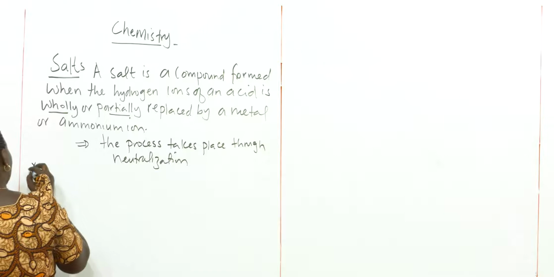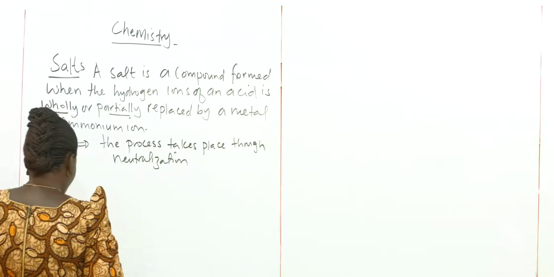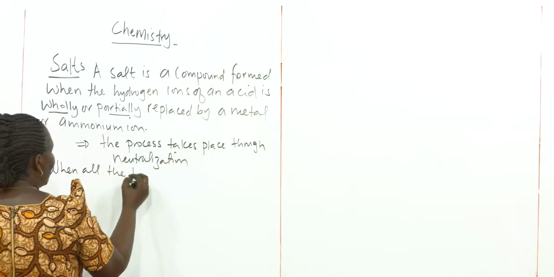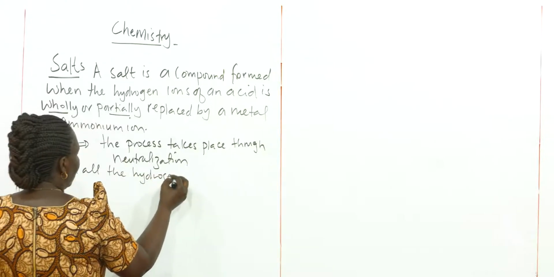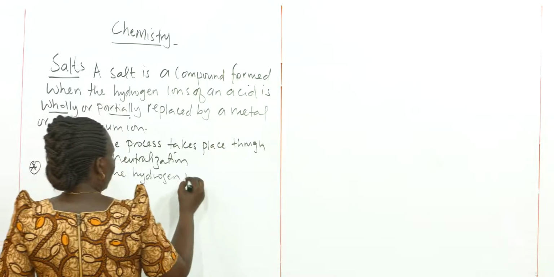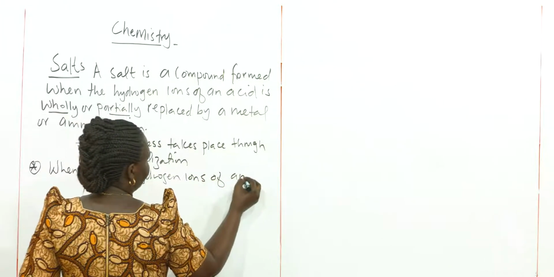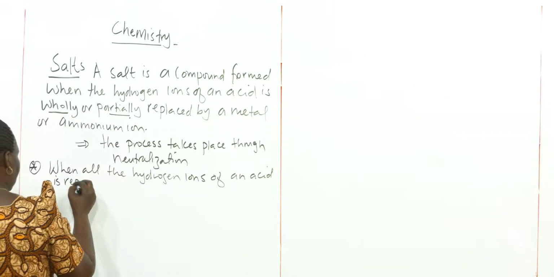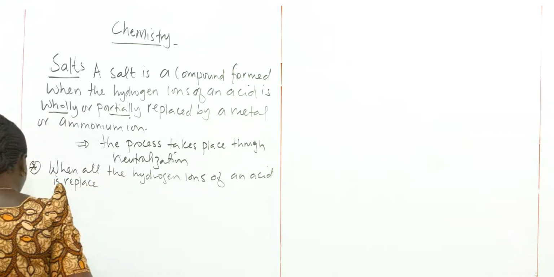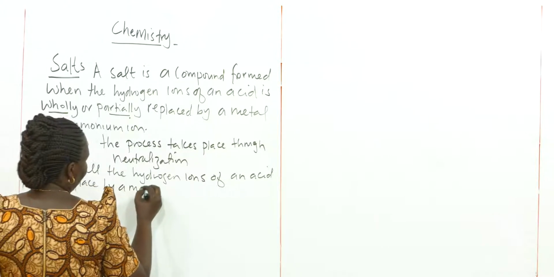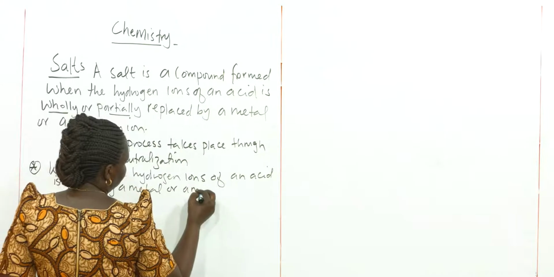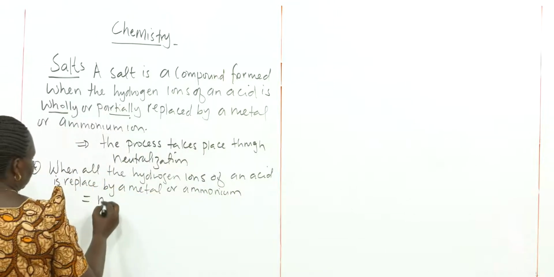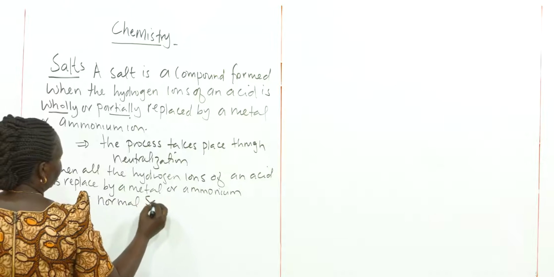So in case 1, when all the hydrogen ions of an acid are replaced by a metal or ammonium ion, then we have a normal salt.